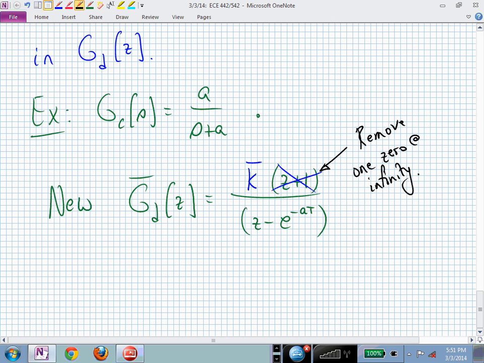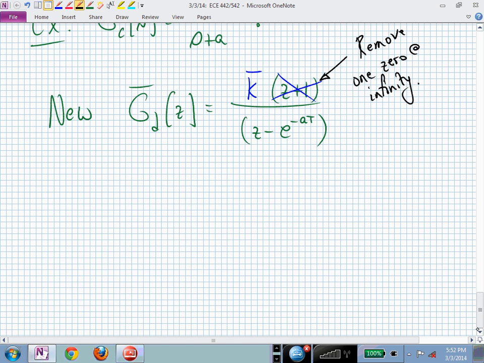Is that clear? So if that was z plus 1 squared, I would just take z plus 1. Reduce the power by 1. Now I need to find k bar. And how do we do that?